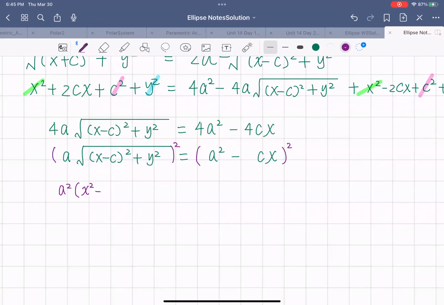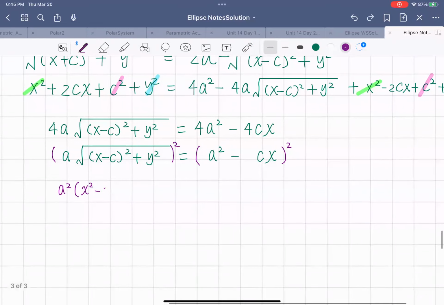X squared minus 2cx plus c squared, and then plus y squared. Good. Equals a to the power 4 minus 2a squared cx, and then plus c squared x squared. Very good.